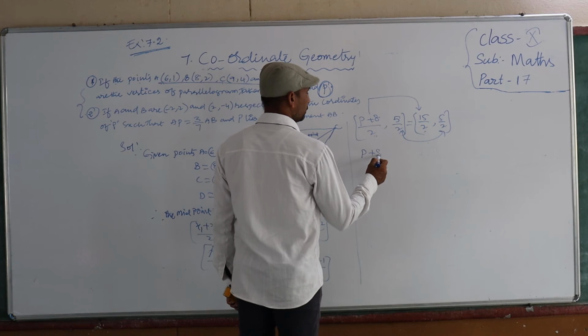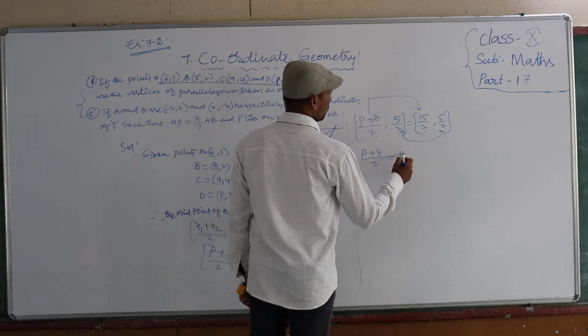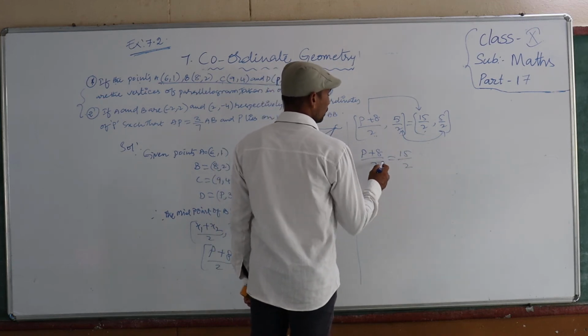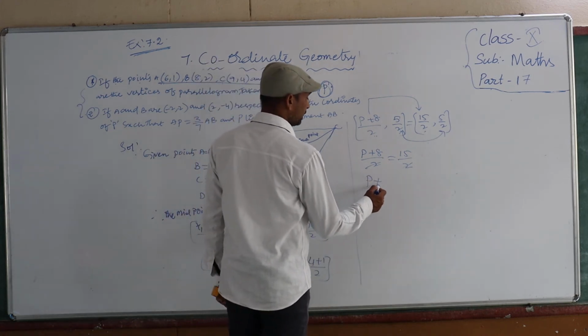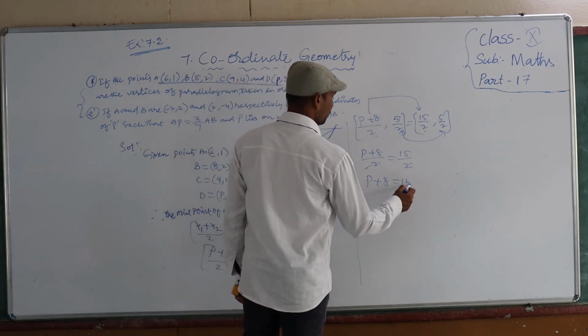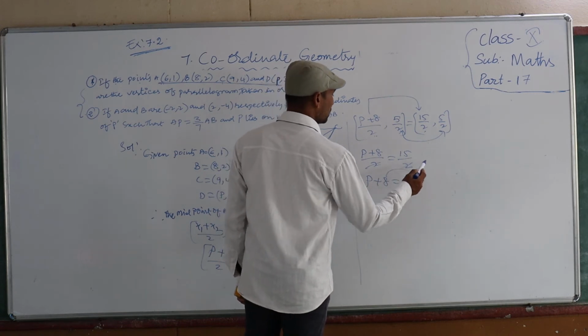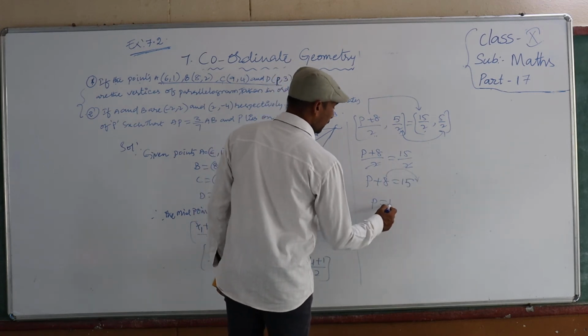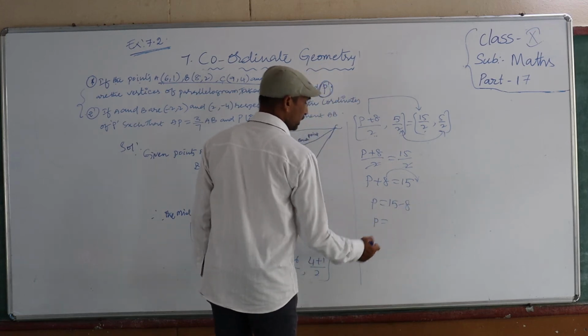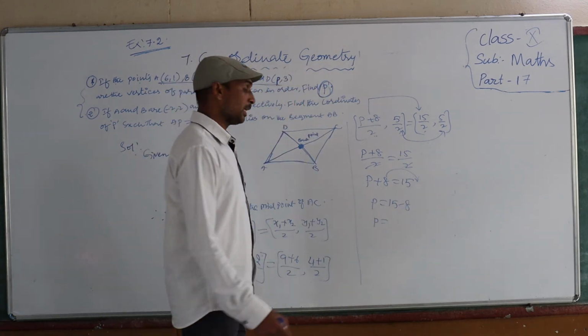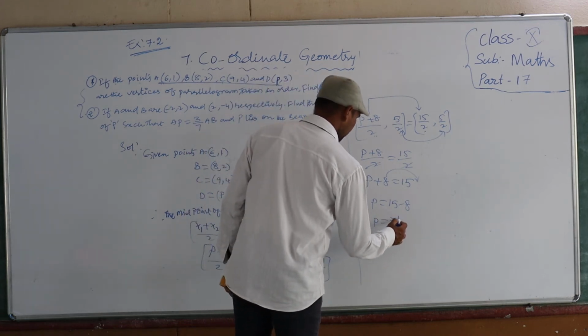So (P plus 8) by 2 is equal to 15 by 2. The 2 gets cancelled. Then P plus 8 is equal to 15. Then this 8 transposes: P is equal to 15 minus 8, so P is equal to 7.